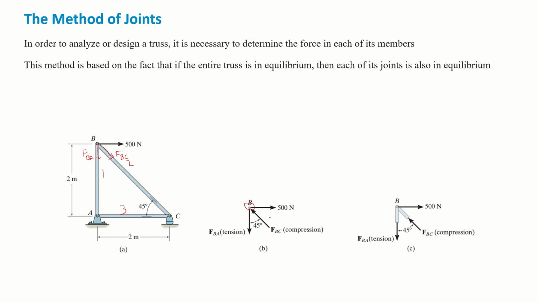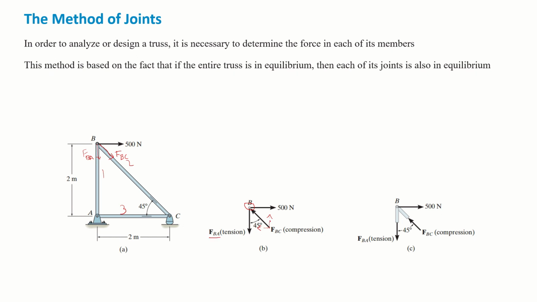This force BC has two components. This is the Y component of BC, and this is the X component of BC. The X component of FBC will counter the 500 Newton force, and the Y component of FBC will be countered by FBA.